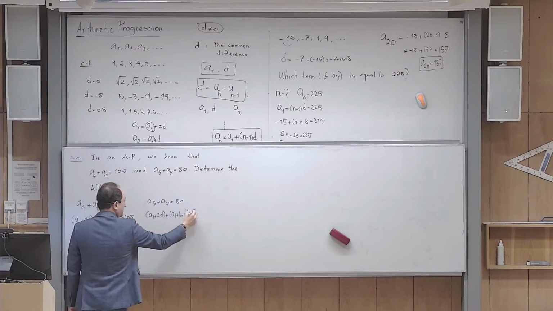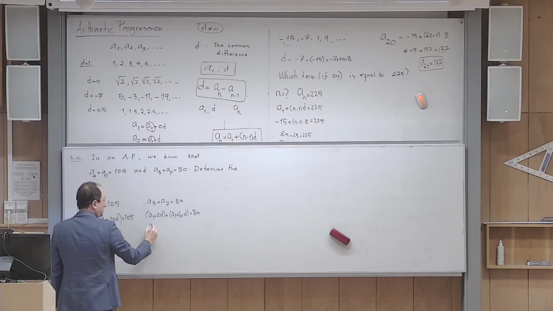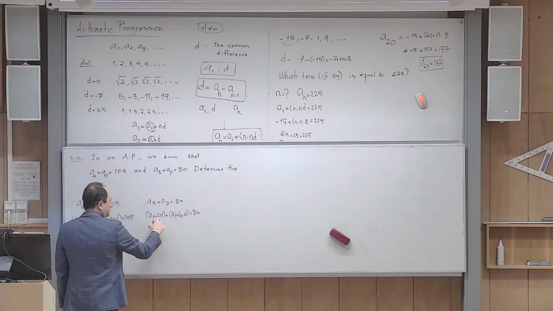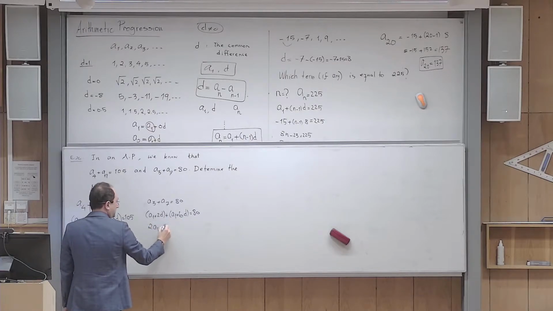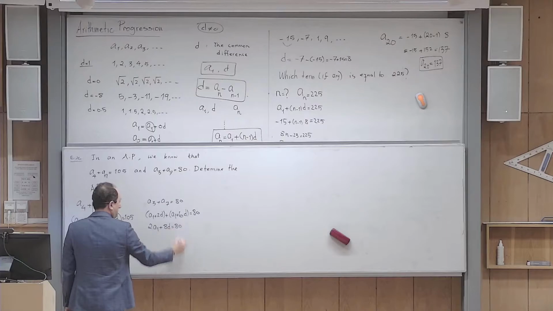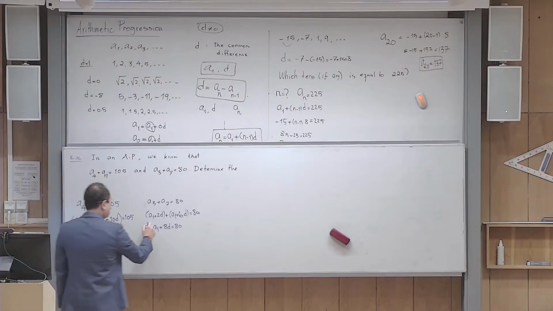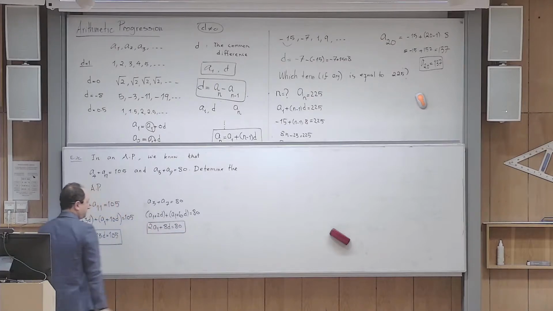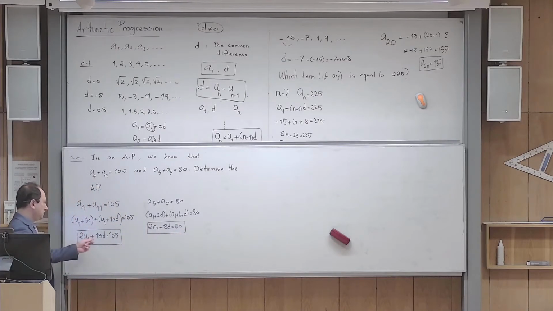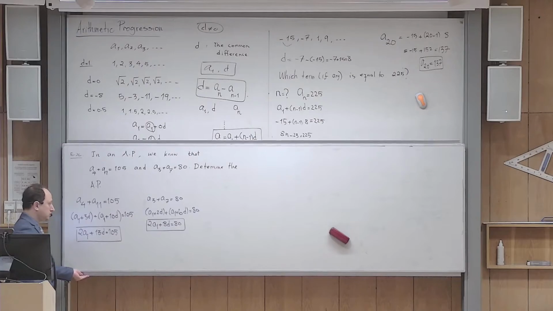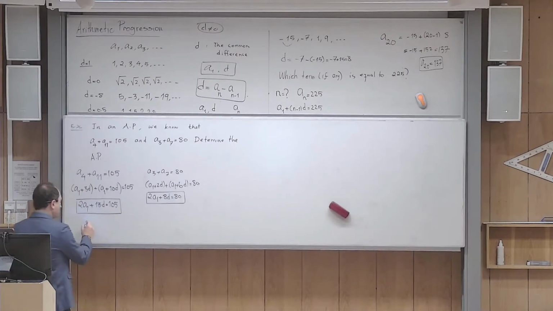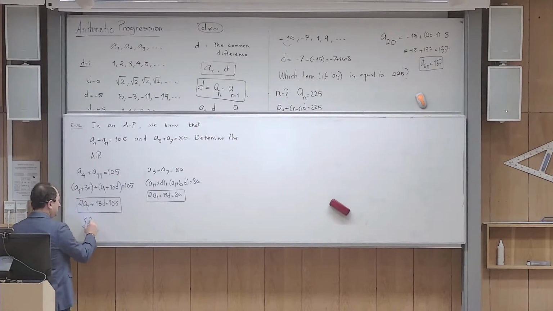And this is equal to 80. And a1 plus a1 is 2a1. 2d plus 6d is 8d equal to 80. That is the second equation. Yes? And then you have two equations and two unknowns. So you set up a system to solve for a1 and d.